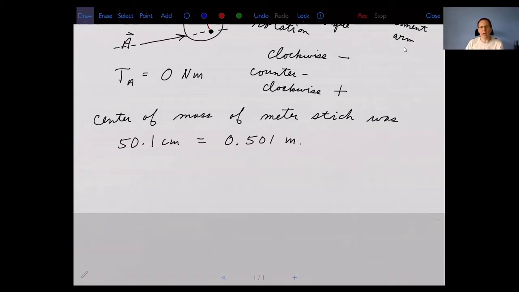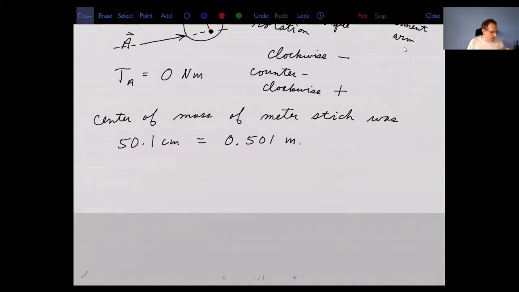So that's just the location where I had to put the knife edge so that the meter stick balanced. So that represented the center of mass of the meter stick. Okay, so part one, again, you want to make sure you watch the video on how I collected all this data, but part one was simply to find that center of mass, so I did that for you.